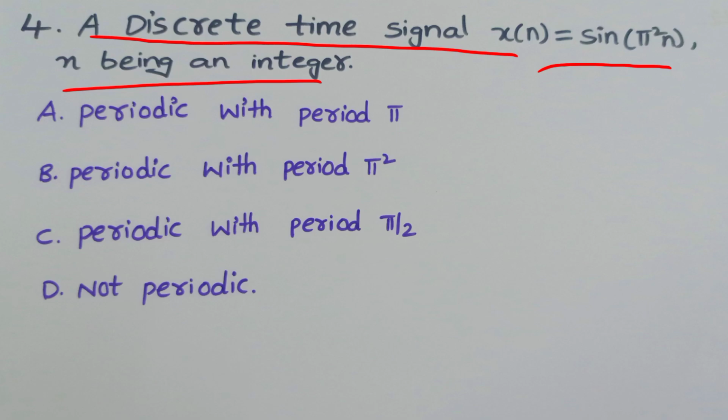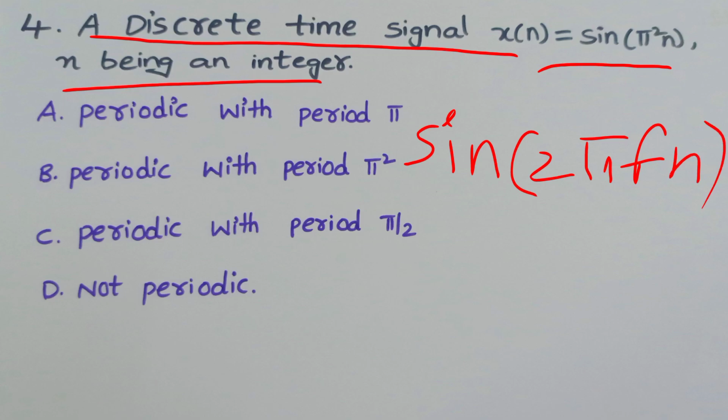First, compare our given signal with the standard discrete time sinusoidal signal. The standard discrete time sinusoidal signal is sine 2 pi f n. Comparing it with the given signal, we get 2 pi f is equal to pi square.